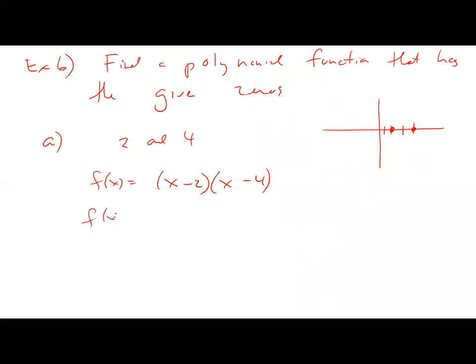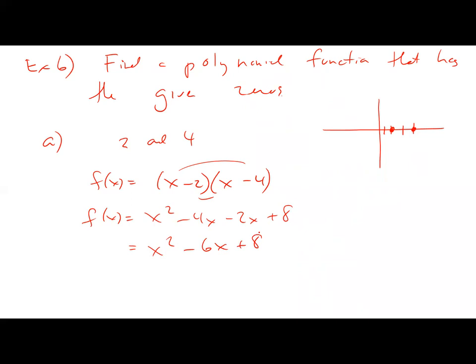So in order to multiply this out, this would be what? X times x is x squared. X times -4 is -4x, and -2 times x is -2x. And then -2 times -4 makes a +8. So here's my function. That's just one of a whole bunch. We can't leave it just as x minus 2.